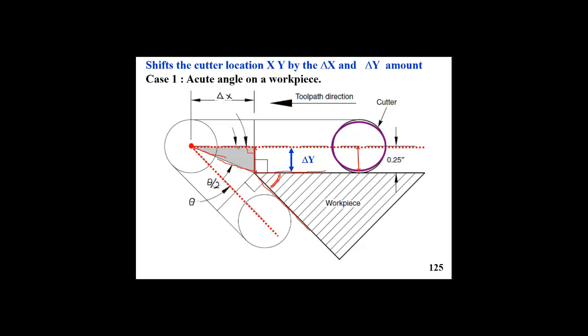That amount represents how much we shift the center line of the cutter from the original edge to the new edge location, along the x-axis. The amount of dx will be calculated by applying some trigonometric relationships along that right angle triangle.